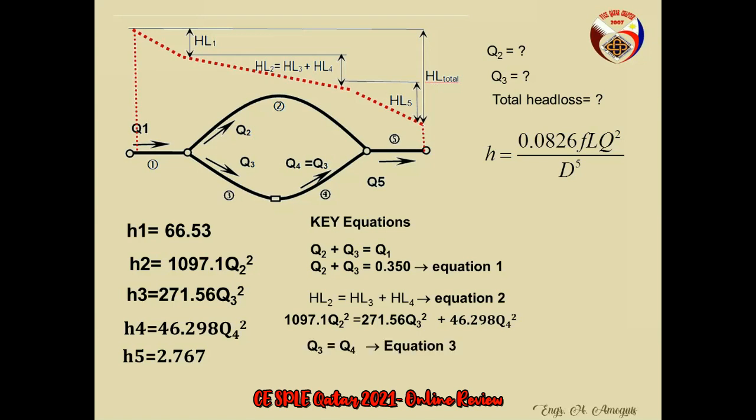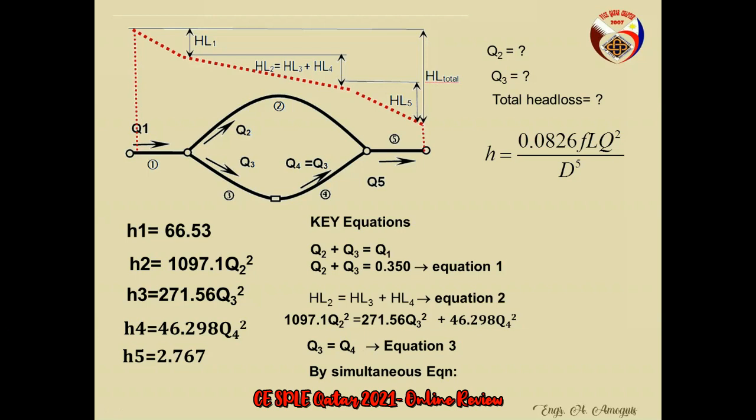So I can simplify this. How many equations now? Equation 1, then equation 2, which is the one below: 1097 Q2 squared equals 7146 Q3 squared. Then equation 3 is Q3 equals Q4. So you have here a simultaneous equation, 3 unknowns and 3 equations. But it's not that complicated, because you just simplify Q3 equals Q4, and it becomes Q2 against Q3.